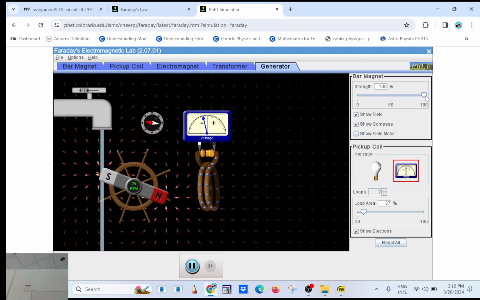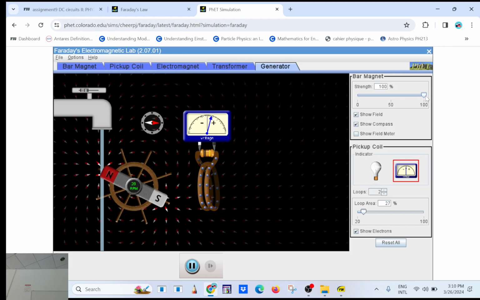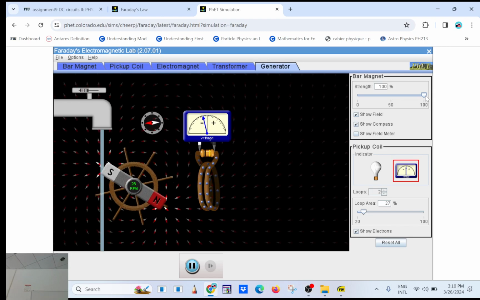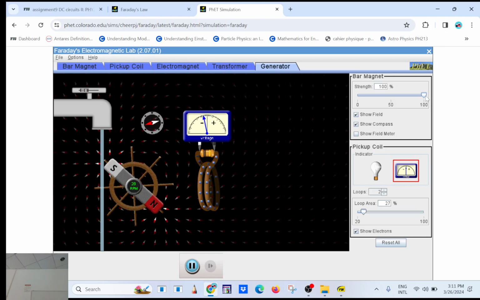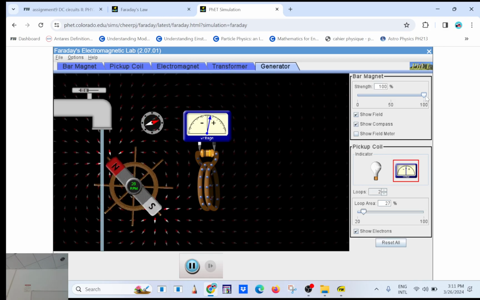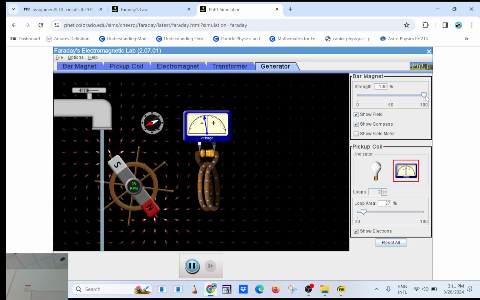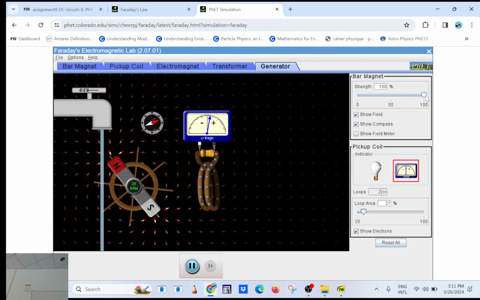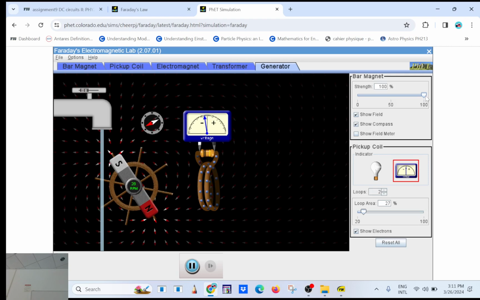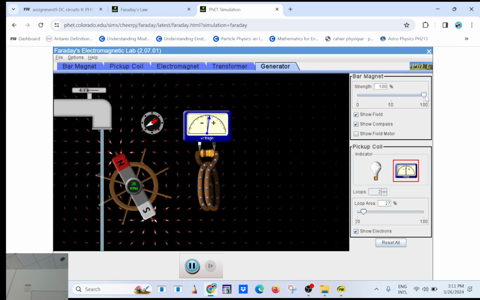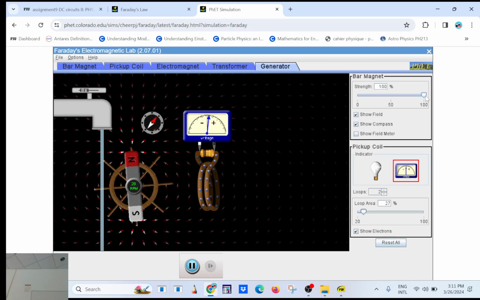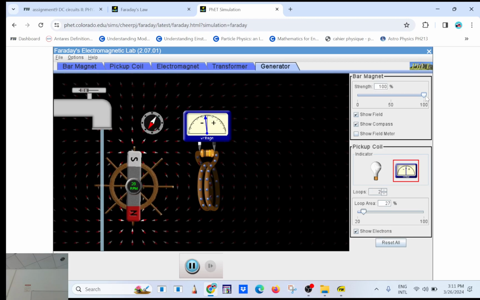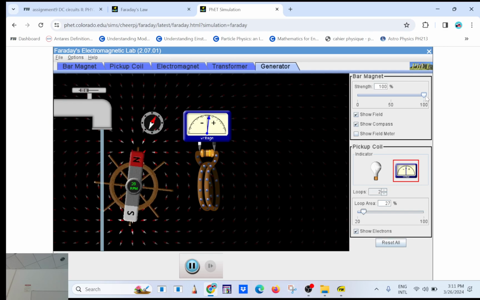So I can take one, and remember, this is an electromagnet with a soft iron inside. What do I need so it becomes a magnet? I need to connect it to a power supply, right? So then it becomes a magnet. I'm going to connect that to a power supply.